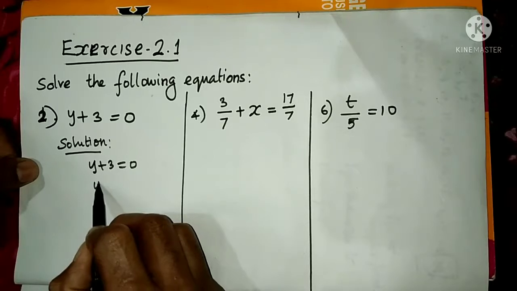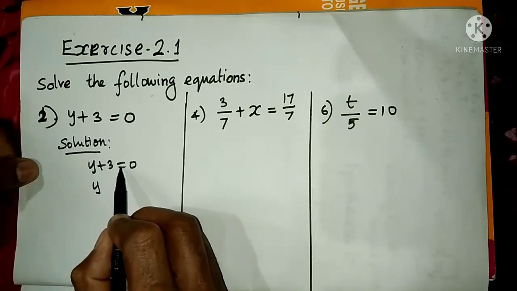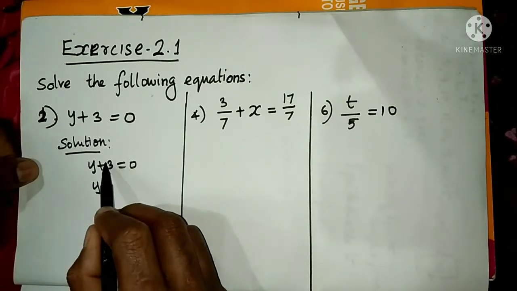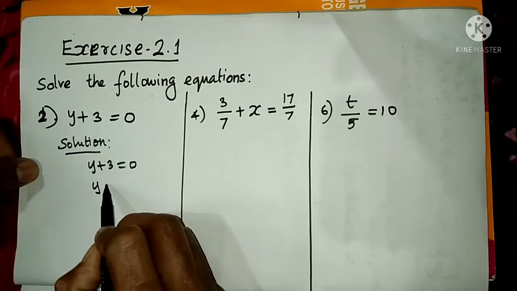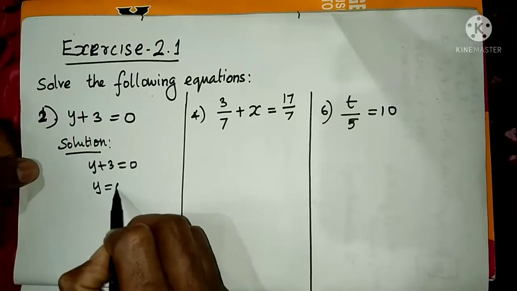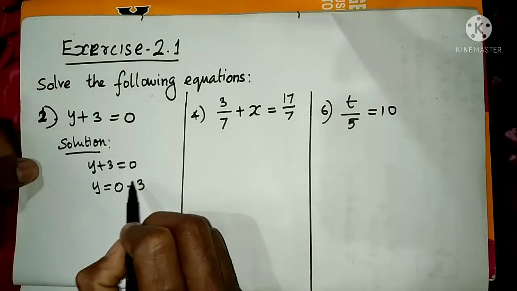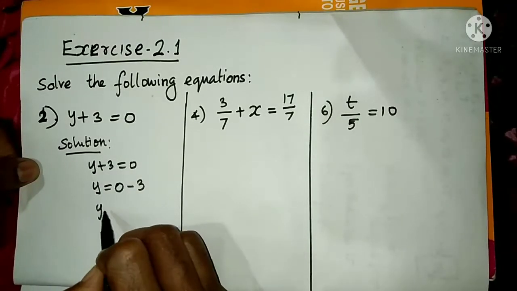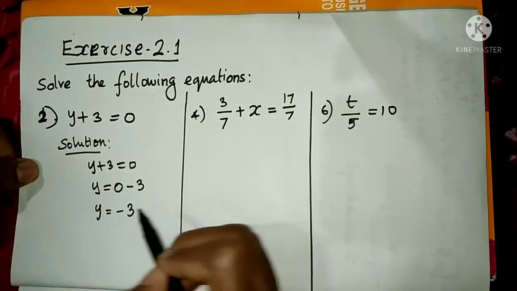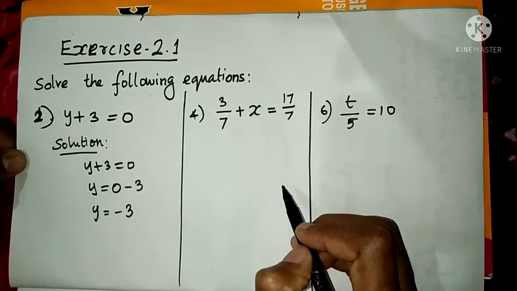The answer is very simple. When you send this minus positive 3 to that side, already there is zero there, so positive 3 becomes negative 3. The answer is y is equal to negative 3.